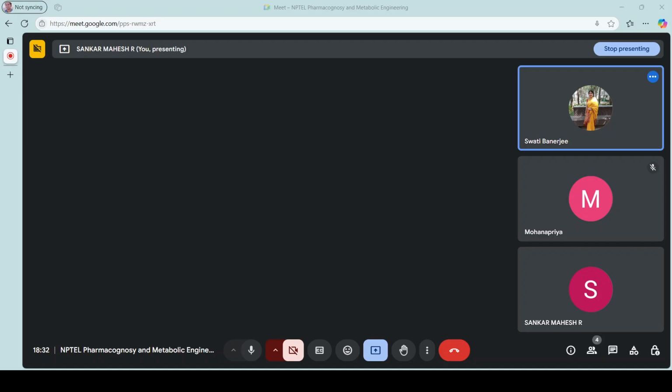The next question is, identify the correct reaction catalyzed by the enzyme phenylalanine ammonia lyase. Four different options are given here: phenylalanine to caffeic acid, phenylalanine to coumaric acid, phenylalanine to vanillic acid, phenylalanine to transcinnamic acid.